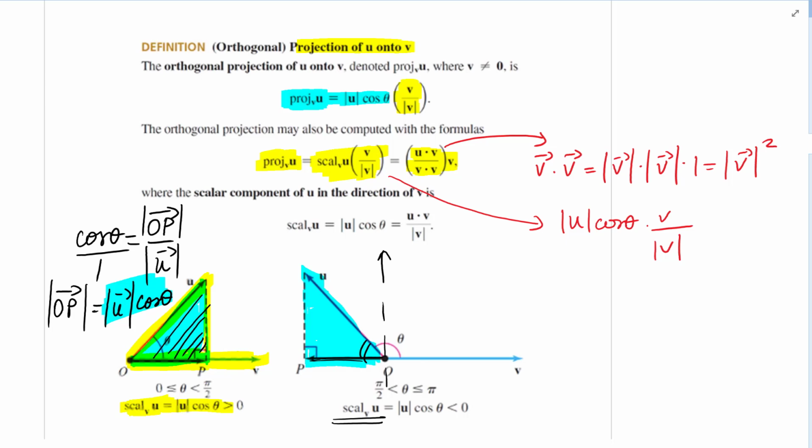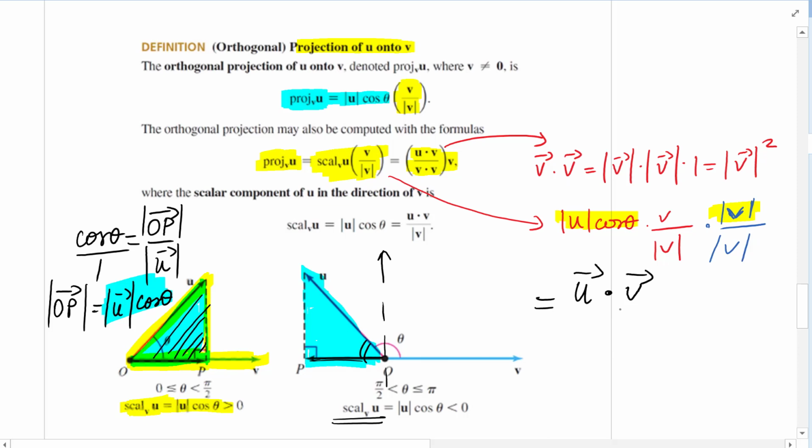So if I multiply the numerator and the denominator both by the modulus of v, or absolute value of v, we get at the top this times this. It's exactly u dot product v. The bottom one is absolute value of v squared times v.